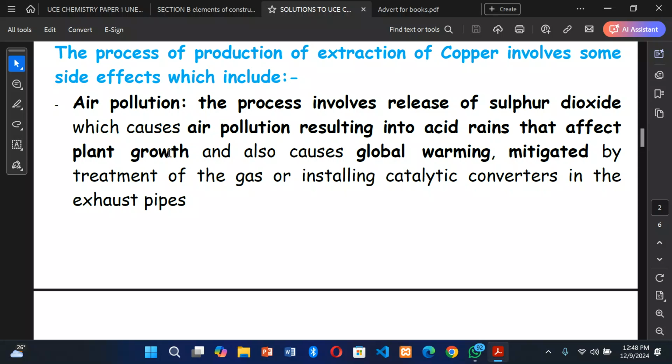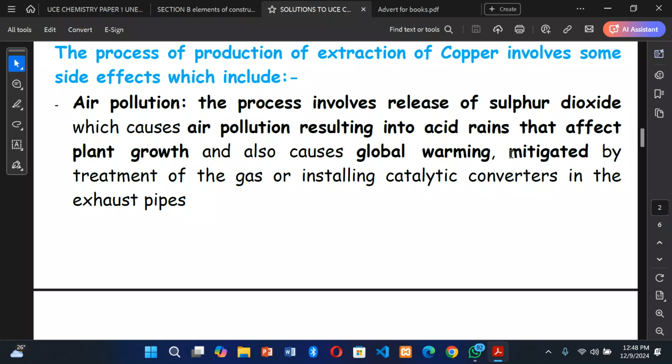Wherever you see a bold, that is a key point and a mark. And also causes global warming. So those are some of the effects of this impact. When these ones are released into the air, pollution takes place, and it affects the plant growth and also can bring about global warming.